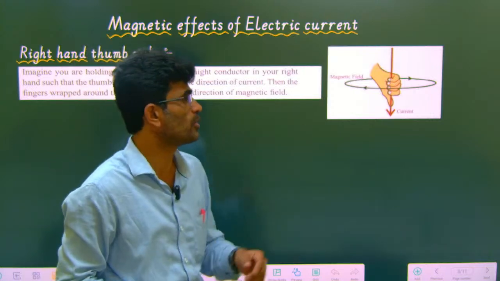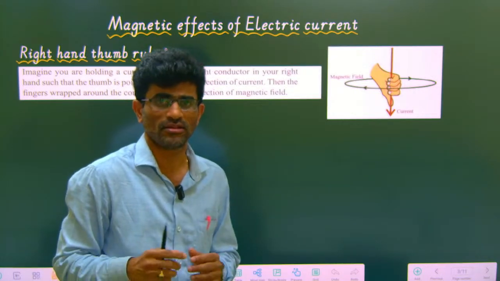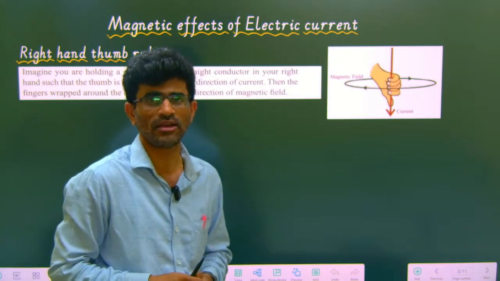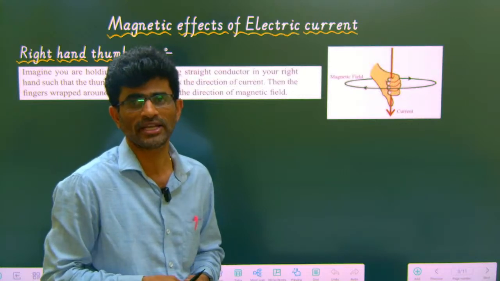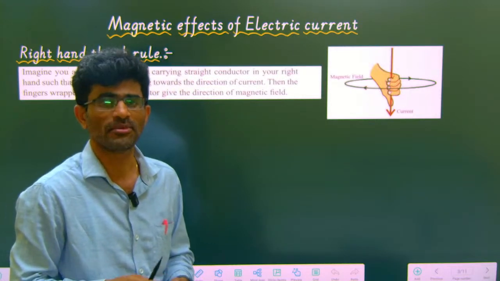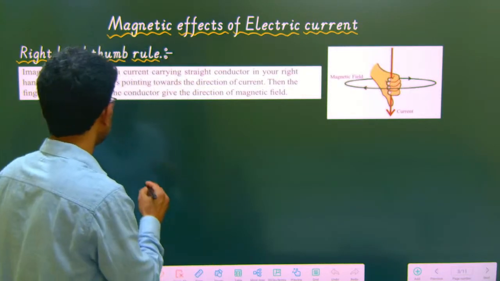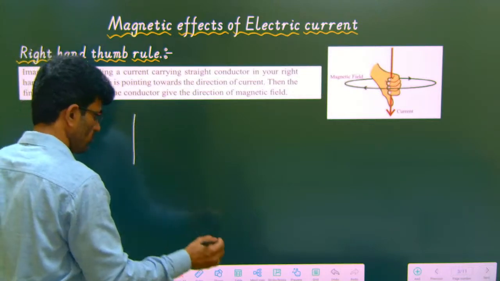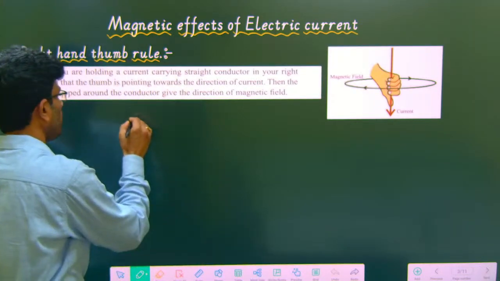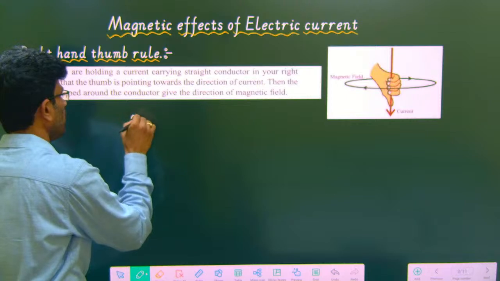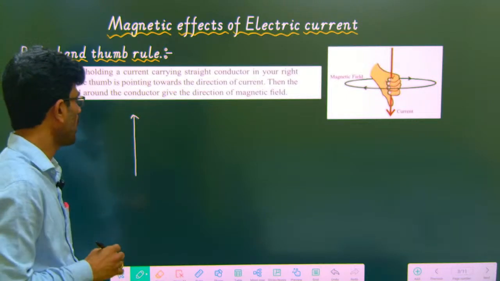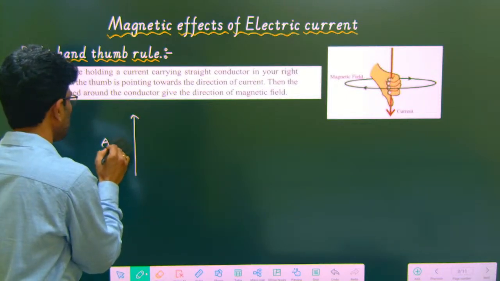This rule is important to decide in which direction current is there, or in which direction magnetic field lines are produced. They may give you a question like this. They give you an arrow mark, and here they ask you, for example, at this side point A is given.